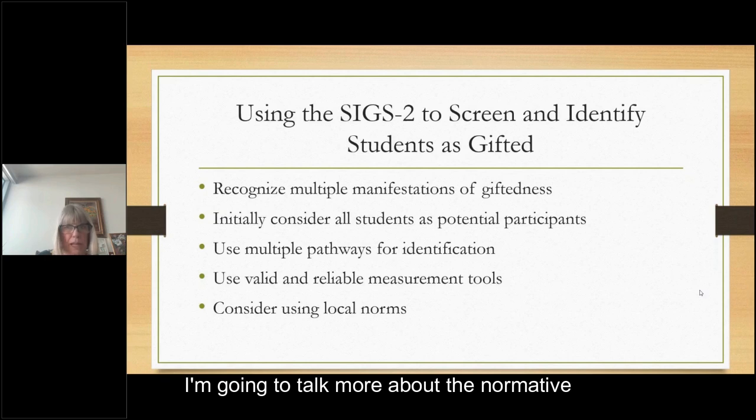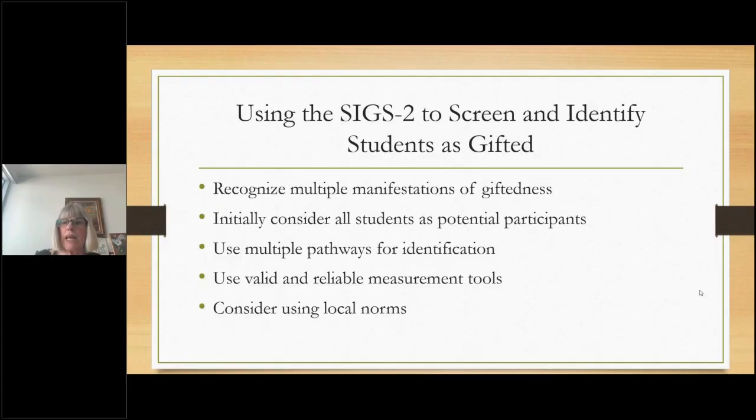I'm going to talk more about the normative sample, but just know that we stratified our sample on sex, ethnicity, race, and grade level as well. We compared those to the US Census, and we have a pretty good match.